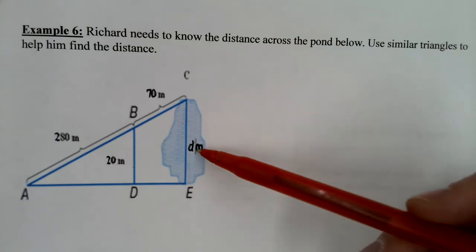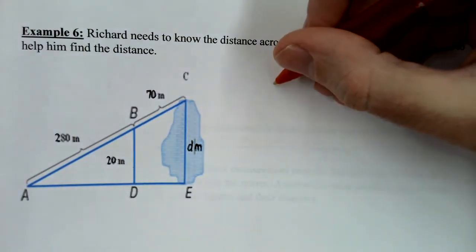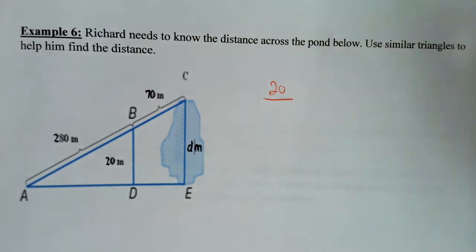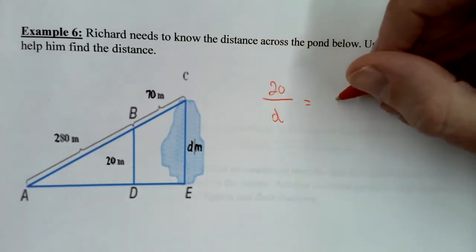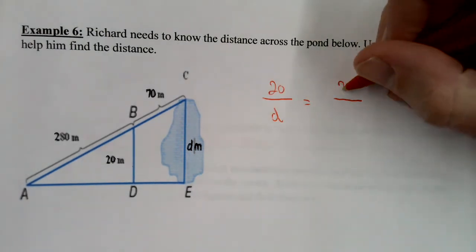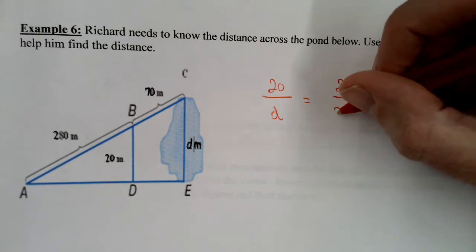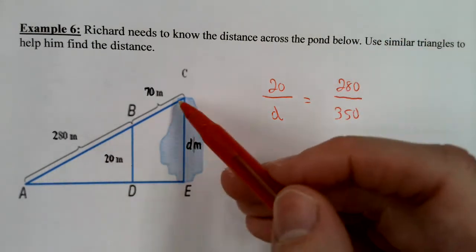This is labeled with a D, so I'll just use D for distance. 20 over D equals, make sure all your numerators come from one triangle and make sure all your denominators come from the other triangle. 20 over D equals 280 over 350, because that entire side is 350.